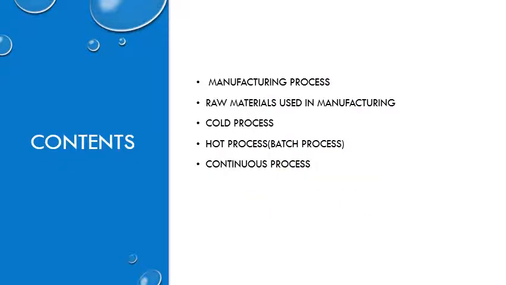So in this lecture, we should cover the following points: the manufacturing process, the raw materials used in the manufacturing, the cold process of the manufacturing, the hot process, the batch process, and the continuous process.